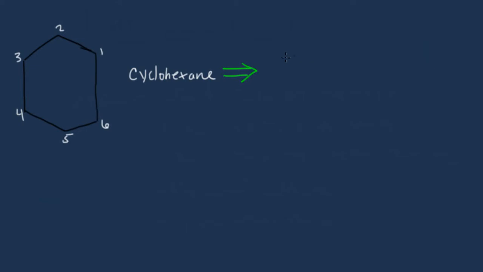And let's draw our same kind of starting ring like that. And then let's give something like that out to the side. So go ahead and try to name this one. Well, we begin by trying to find our longest chain, or ring. And in this particular case, we see that we have something sticking out here.